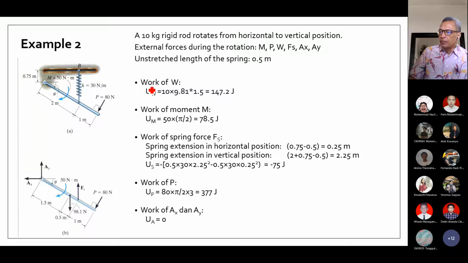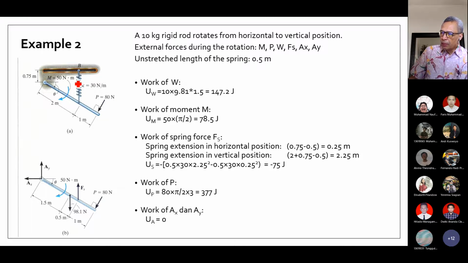So first, the work of the weight of the bar. We see that the initial position of the bar is here, the position of the weight is at this level, and then for a 90-degree displacement, the bar is in the vertical direction like this, and the weight of the bar is half the length of the bar, half of 1.5 meters, below.